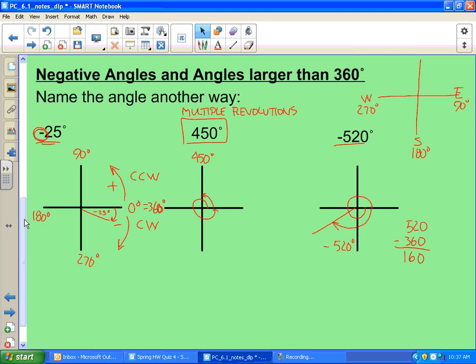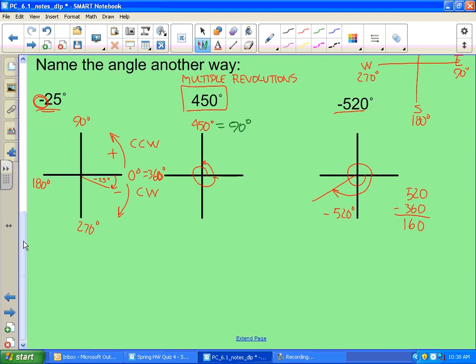Okay, so multiple revolutions, negative angle rotations, positive angle rotations. Those are all putting me back in the same location. Like for example, let's talk about this 450. We did a positive 450, and we said that positive 450 put me at a 90. So 450 and 90 are what we refer to as coterminal angles, because they end up at the same spot. Coterminal means you have the same terminal ray.